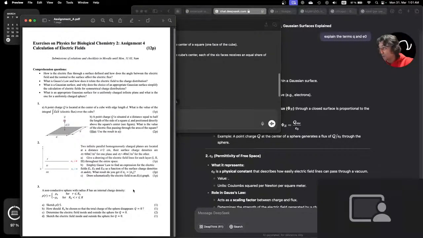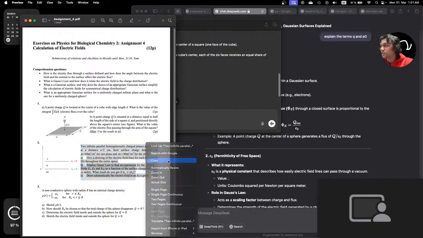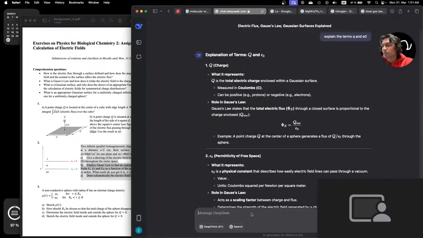Two infinite parallel, homogeneously charged planes. I thought it's parallelogram.